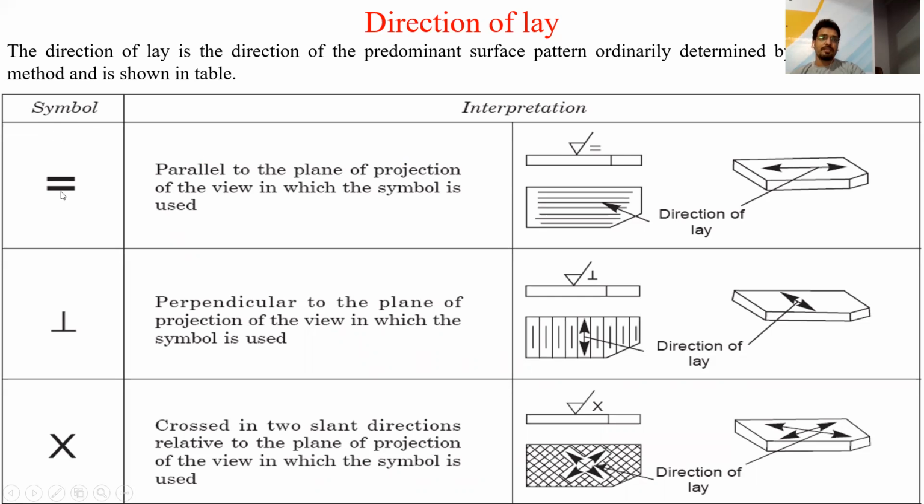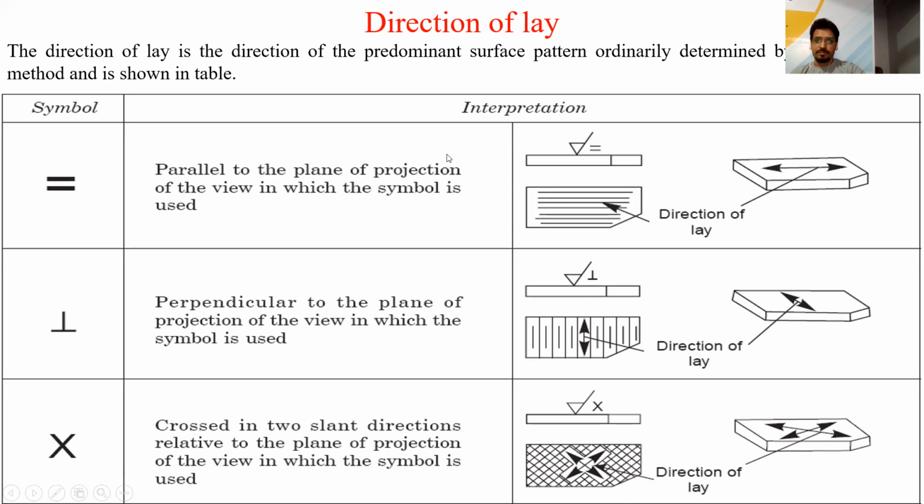If there is a sign of equal to, then it means it is a parallel lay, which is parallel to the plane of projection of the view in which the symbol is used. If this is a surface and the machining is done in this direction, then with a symbol like this you can easily tell that it is a parallel lay. This machining operation is done by a parallel process.